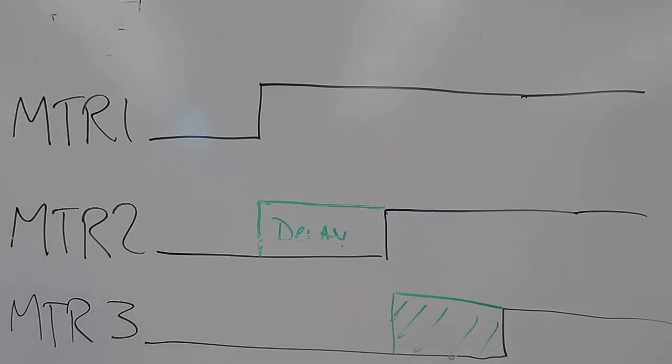And if I use the off delay for motor 2 controlled by motor 3, it'll provide that, because that off delay is not turned on until motor 3 starts up. Motor 2 off delay is not enabled until motor 3 starts. Does that make sense to you guys?